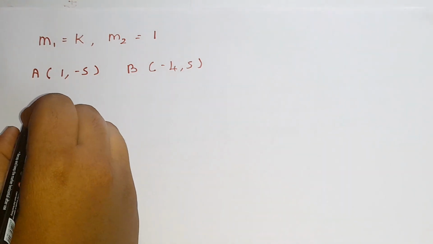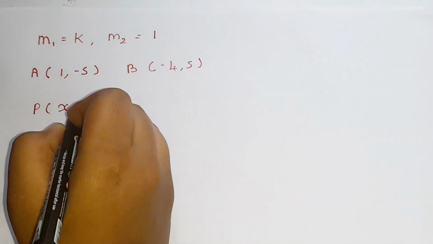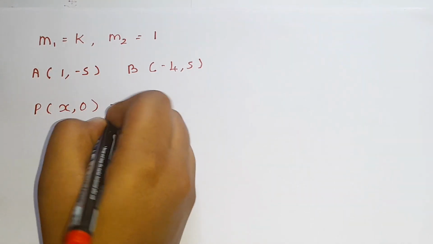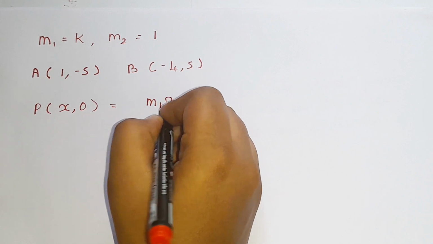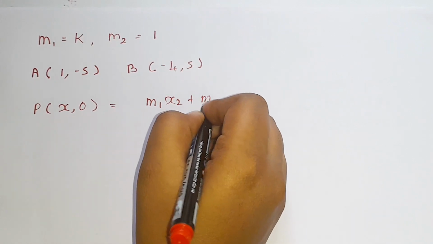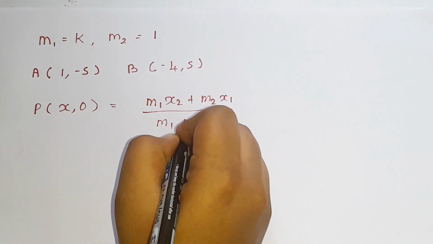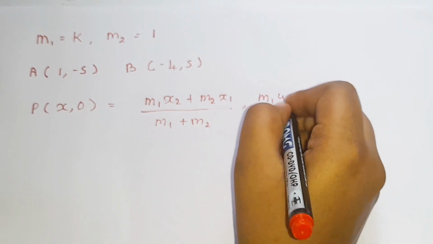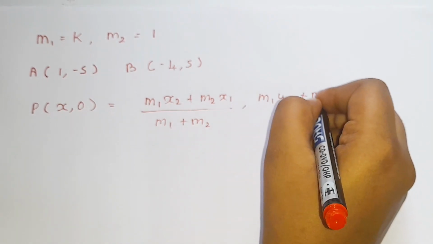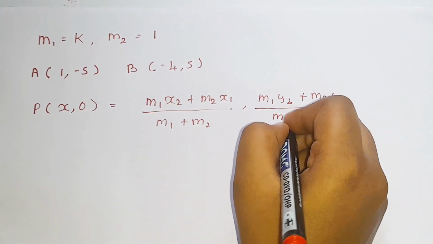According to the section formula, P, with the coordinates we took as (x, 0), is equal to (m1 x2 + m2 x1) divided by (m1 + m2) comma (m1 y2 + m2 y1) divided by (m1 + m2).